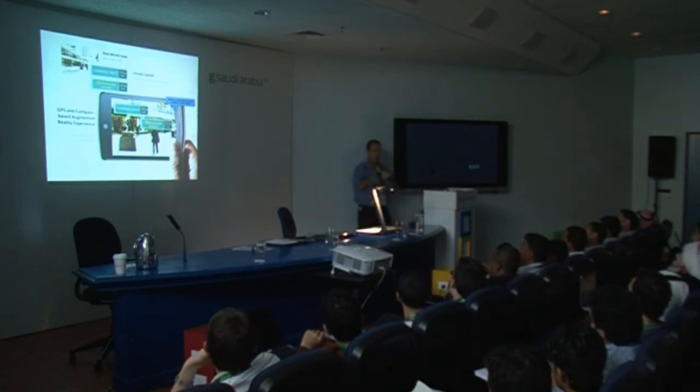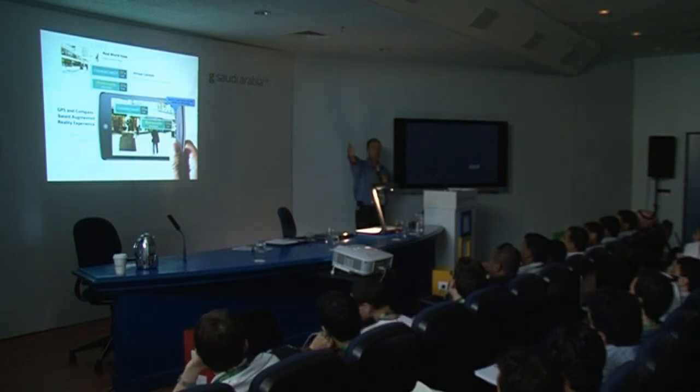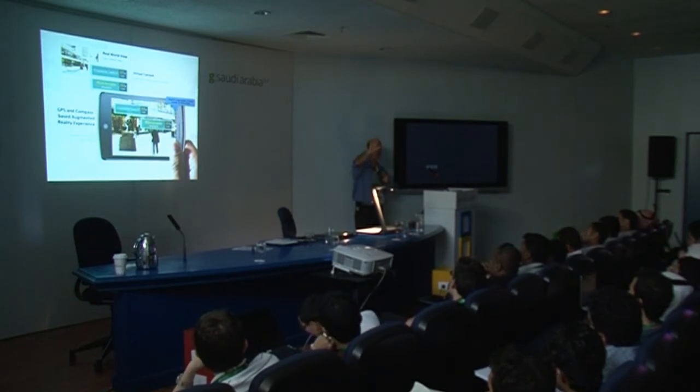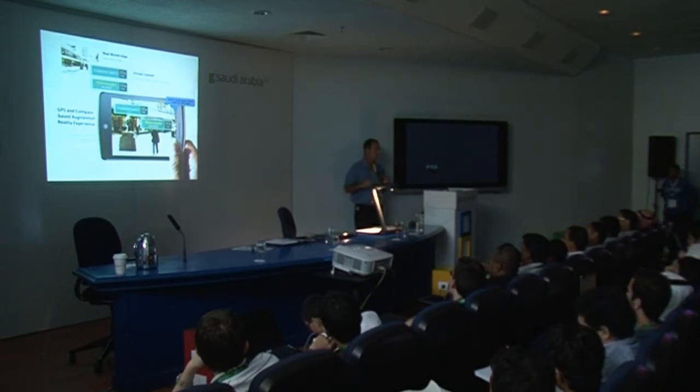Based on location and direction, I can go fetch from the database the important things, or the things within the layer of information I'm interested in that I can see. And based on their distance from where I stand, I can put them in perspective. And essentially, once I have that information, I can just draw on top of the real image. So this is location-based augmented reality.